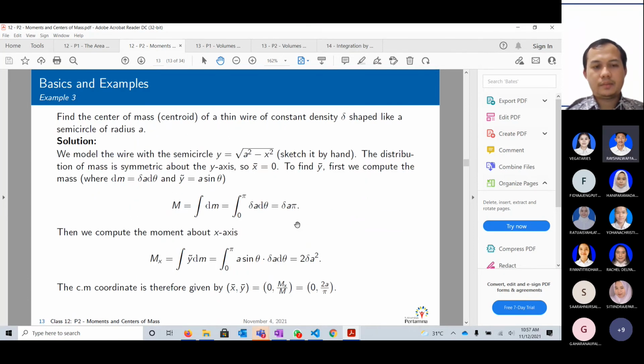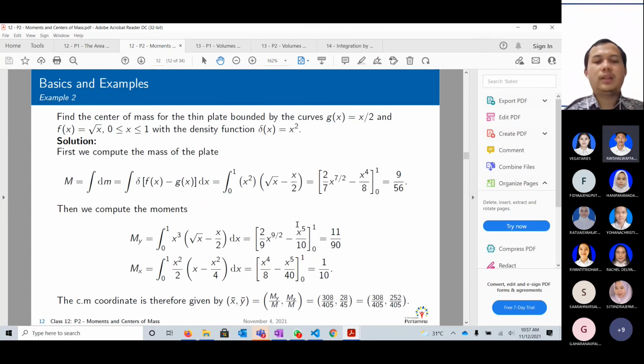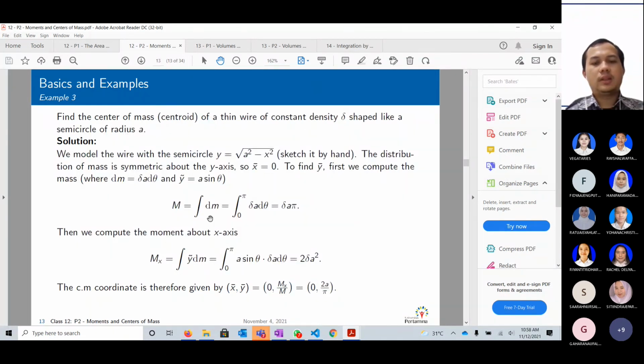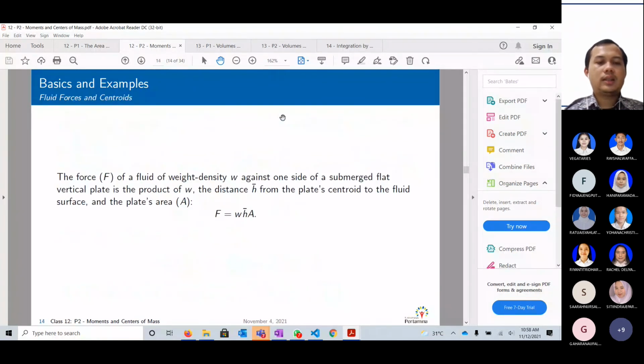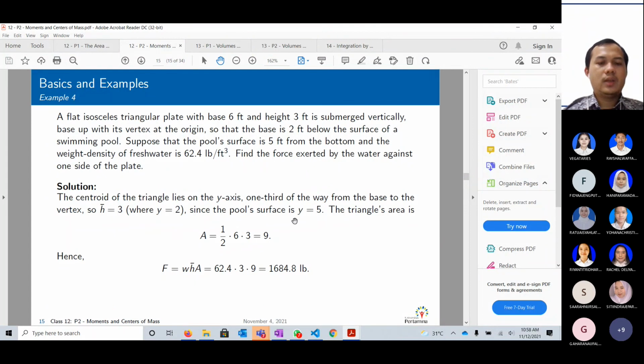I think no, sir. If not, then I ask you to read this example before our next session. We will start from this example in our afternoon session.